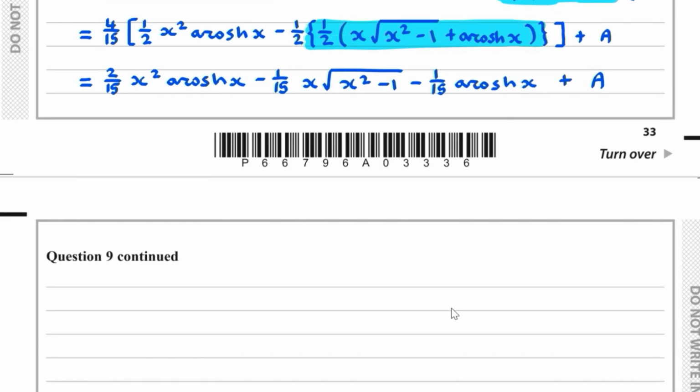So if we continue to work all of this out, we can therefore conclude that the integral from 1 to 3 of 4 over 15 x times by inverse hyperbolic cosine of x dx is equal to, well, let's open up our big bracket.